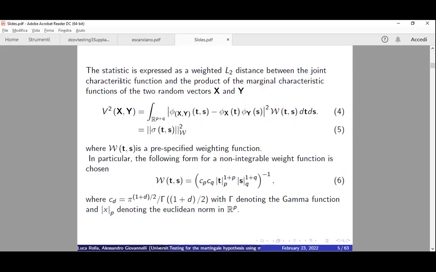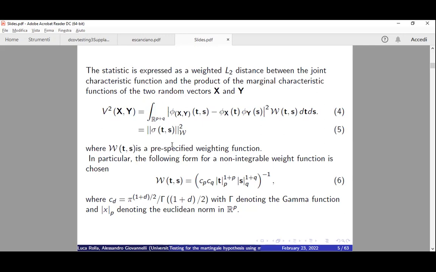Starting from that concept of independence, Szekely and Rizzo construct distance covariance as a form of distance in a weighted space. They introduce the concept of a weight function in order to define the statistic.